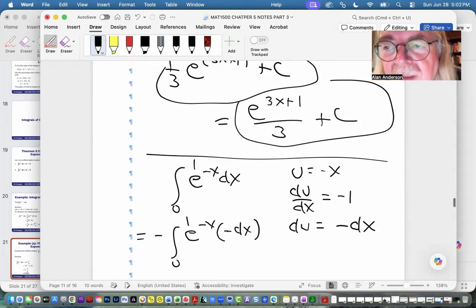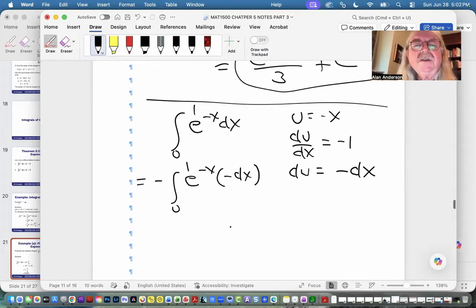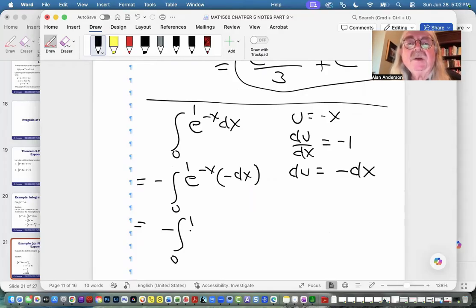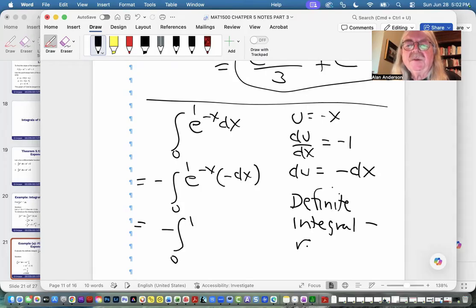by multiplying, and we're basically multiplying twice by negative 1. So we have, but before we continue, remember, because this is a definite integral, we must replace the limits of integration.